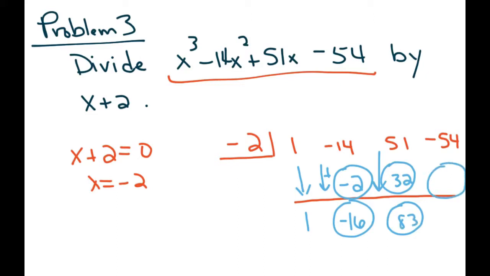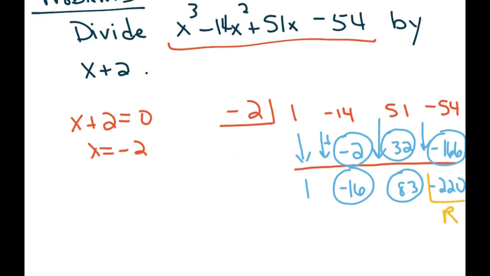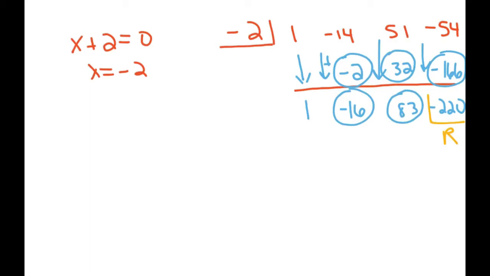Then to get this number, we're going to multiply the number in the box by the number under the line. Negative 2 times 83 is negative 166. And then we add going down. And we get negative 220. The last number is always the remainder. The numbers before it are the coefficients of the quotient.